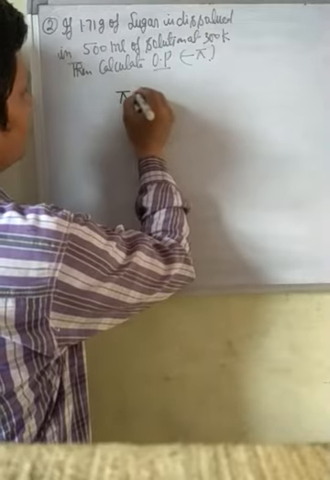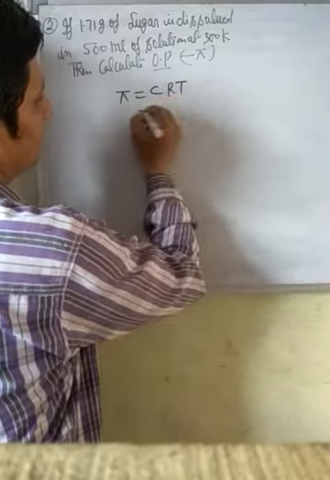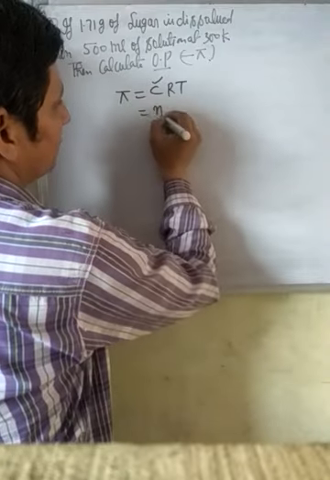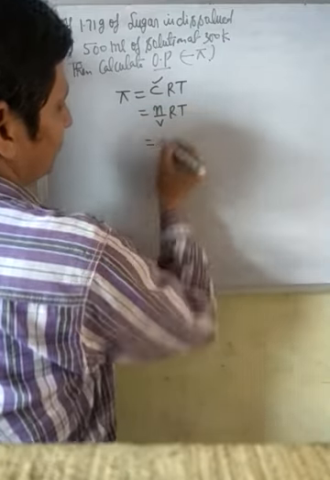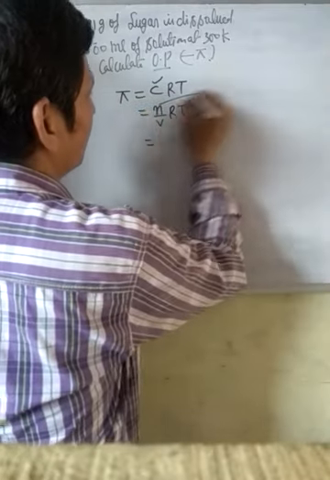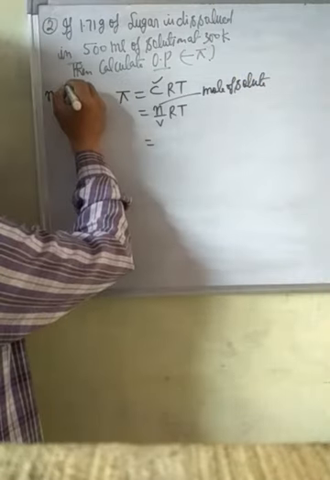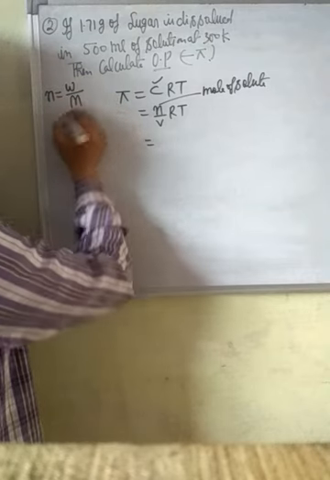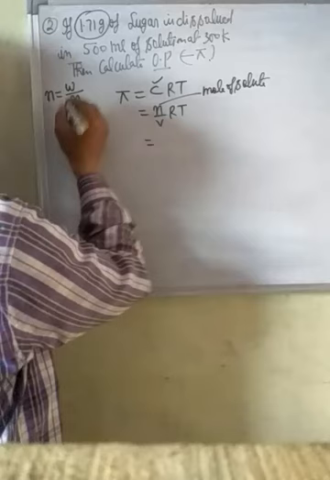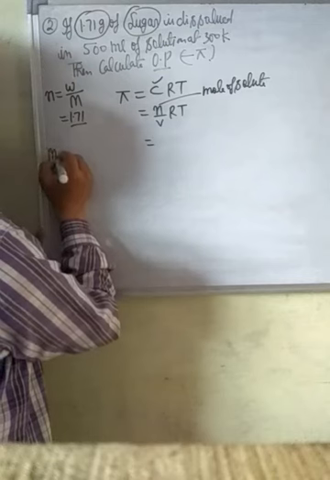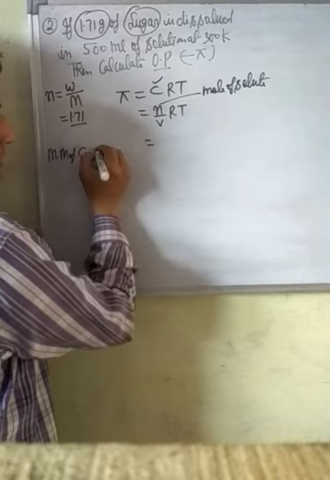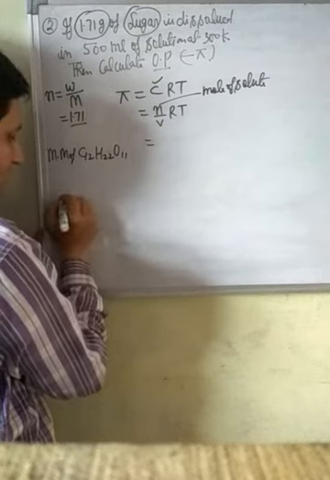Student, you know very well the formula of osmotic pressure. Pi is equal to CRT, and concentration C is equal to n upon V, so pi equals n upon V RT, where n is moles of solute. Moles of solute n is equal to mass of solute upon molecular mass. Mass of solute is given 1.71, and molecular mass of sugar, formula C12H22O11, is 342.